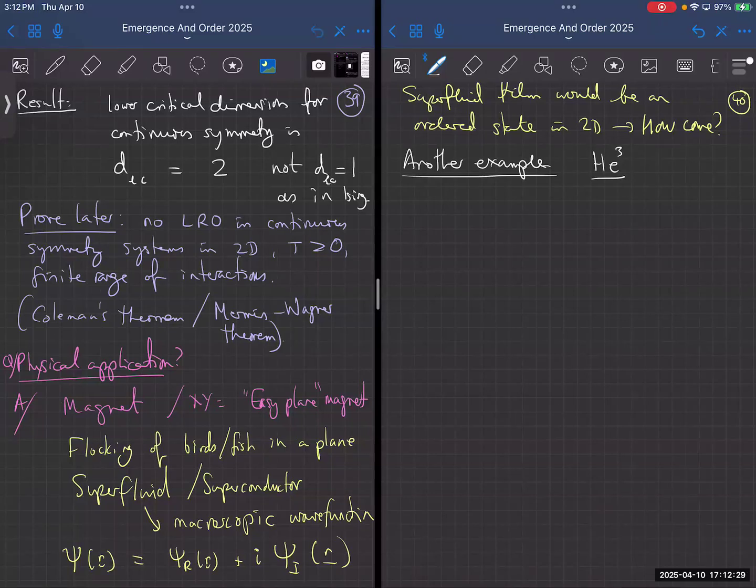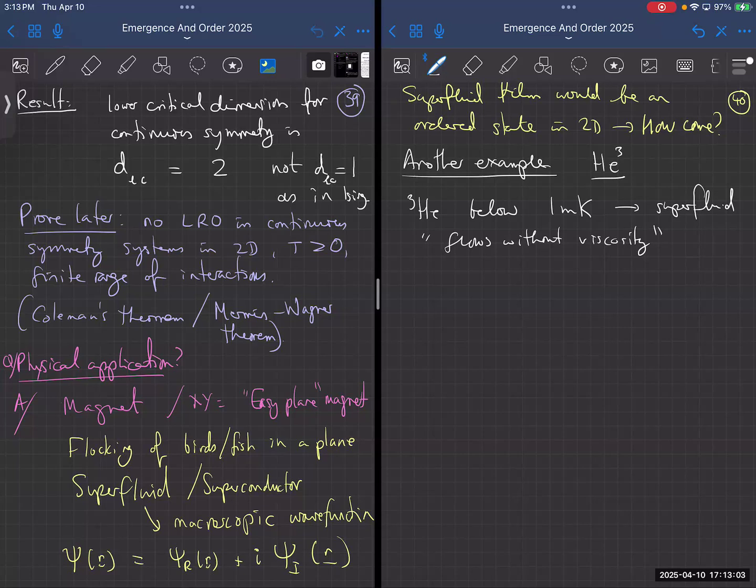Below about 1 millikelvin, depending on pressure, it becomes a superfluid. I told you a little bit about superfluids in the first lecture of this course. Roughly speaking, that means it flows without viscosity. We're going to see that that's not true, but that's why it's called a superfluid. It doesn't seem to have a viscosity. It does all sorts of other things too.